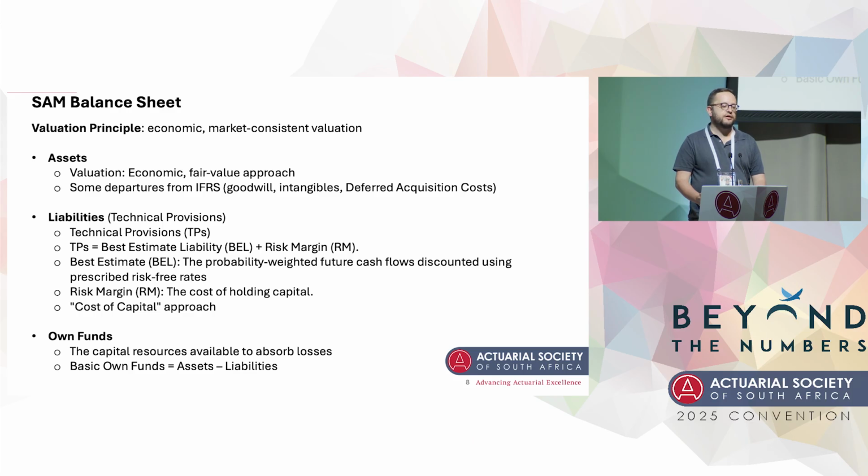What's going to happen then? That's what your capital's there for. That's the whole point of the capital: to deal with those deviations from how you've constituted the SAM balance sheet. And that's just a nice way of linking your capital back to the core quantification of what a company looks like under SAM.